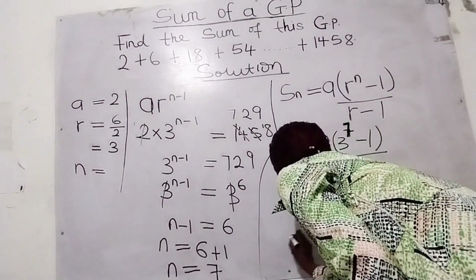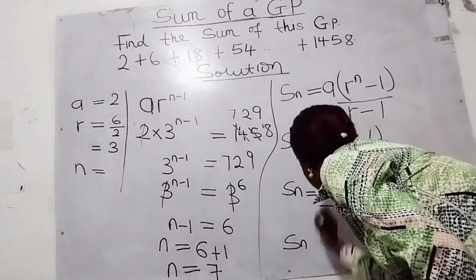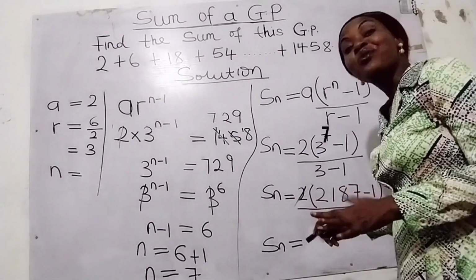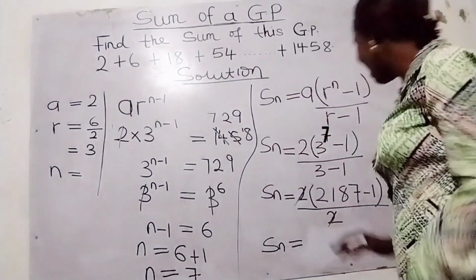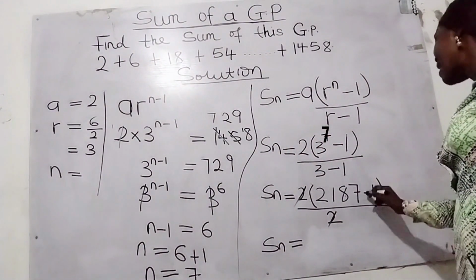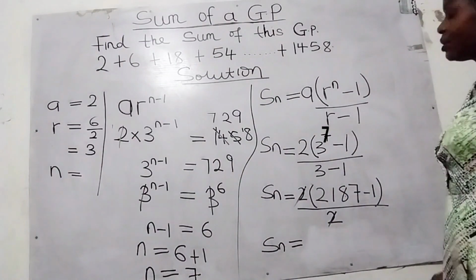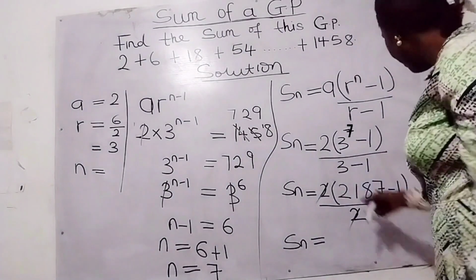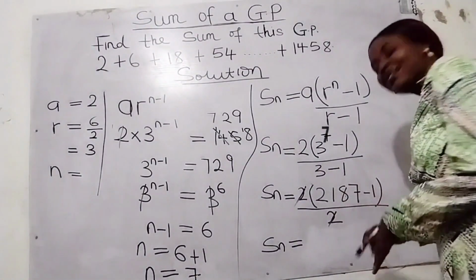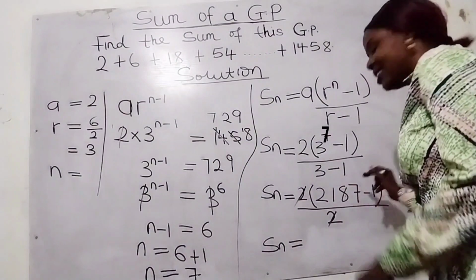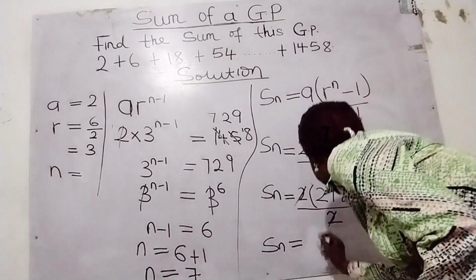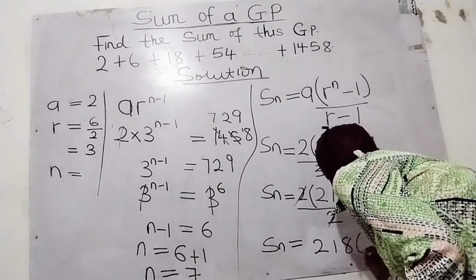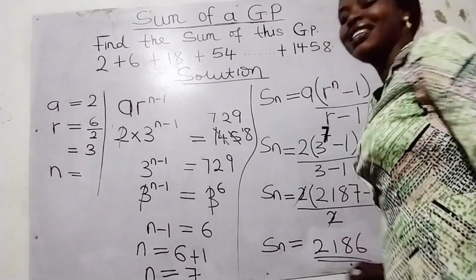This is our Sn, put equals to. We simply say 2187 minus 1. We have cancelled out these 2, so you have only 2187 minus 1. Just subtract 1 from 2187, and if we do that, it will give us 2186. Write it down.